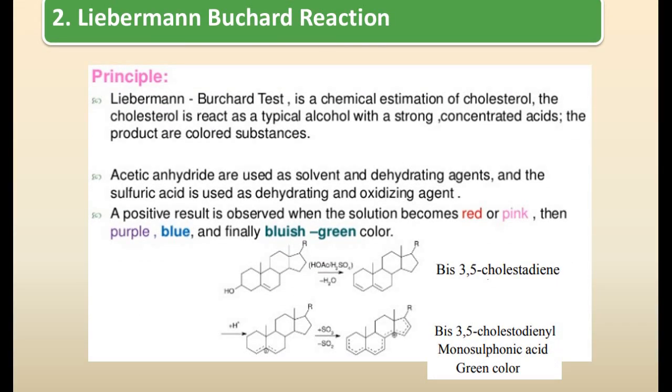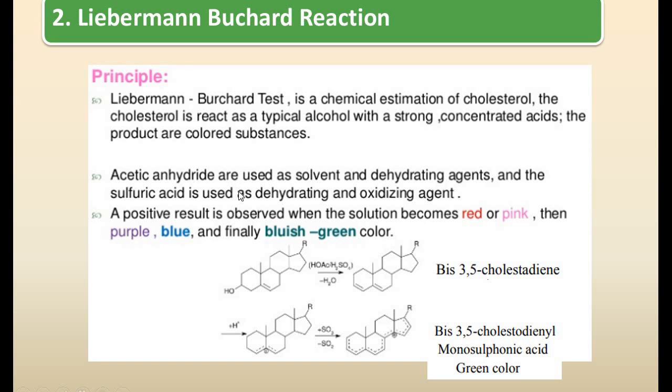Now coming to the second test, that is the Lieberman-Burchard reaction. What is the principle? The Lieberman-Burchard test is a chemical estimation of cholesterol, and cholesterol reacts as a typical alcohol with a strong concentrated acid. The products are colored substances.